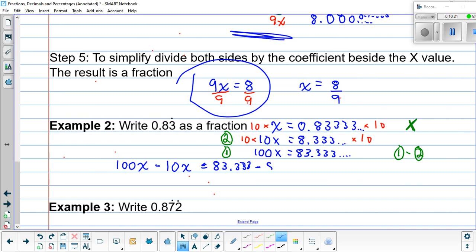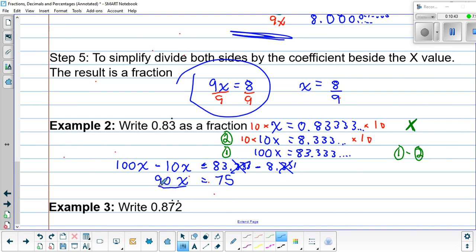Minus 8.333. And we'll see that we have 90x on our left. And on our right, everything after the decimal place is vanishing. So we have 83, and we take away 8, which is 75.